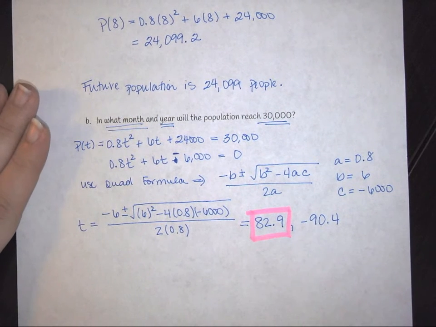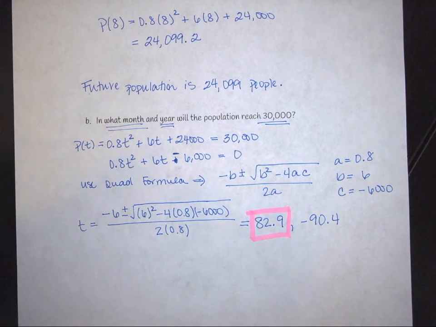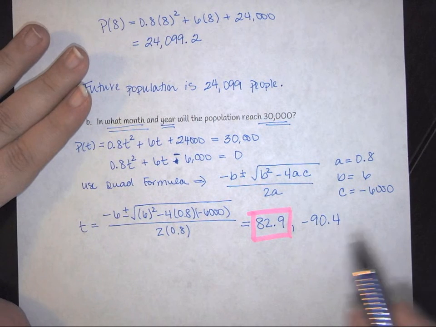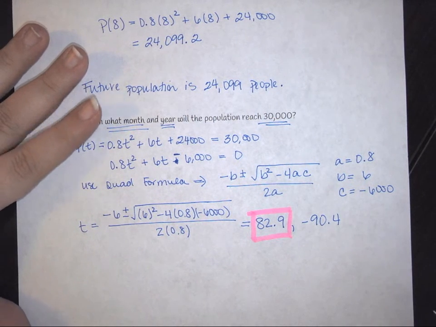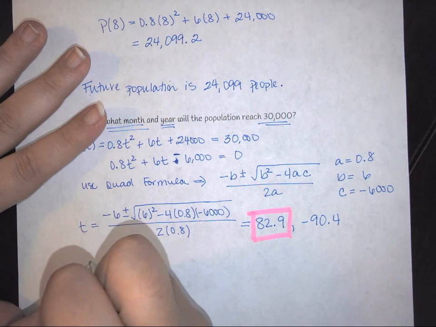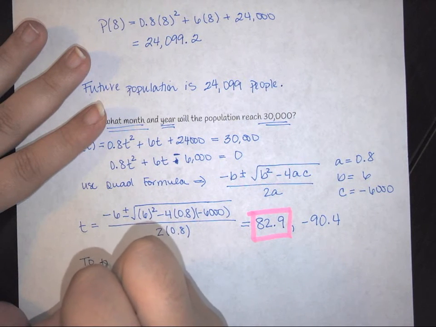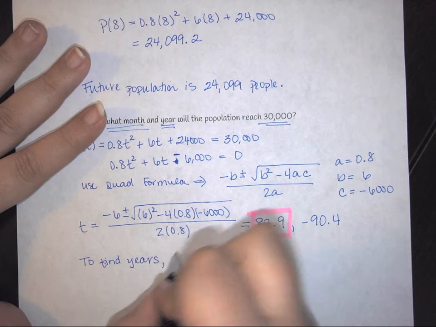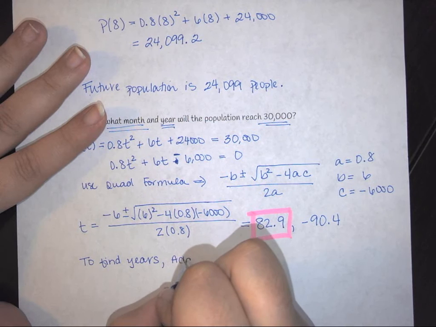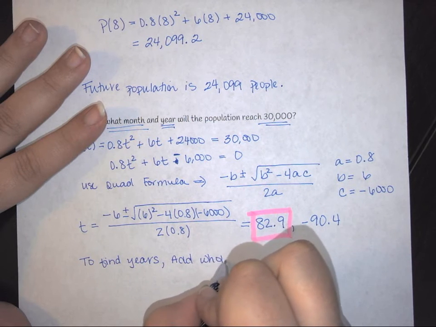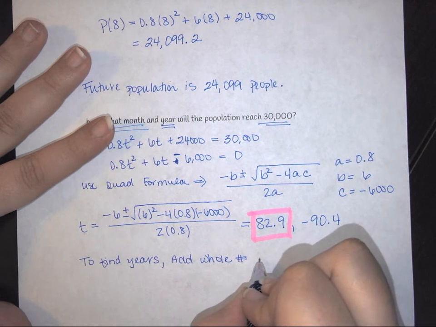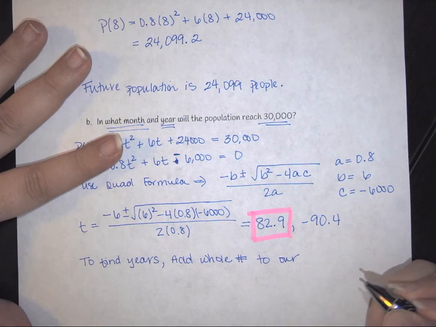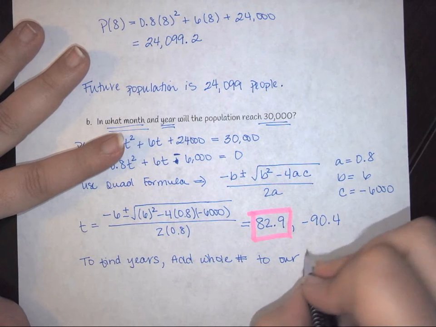So here, the 82, again, we are looking at the whole number being years and the decimal being months. So here, to find years, we need to add the whole number to our starting year.